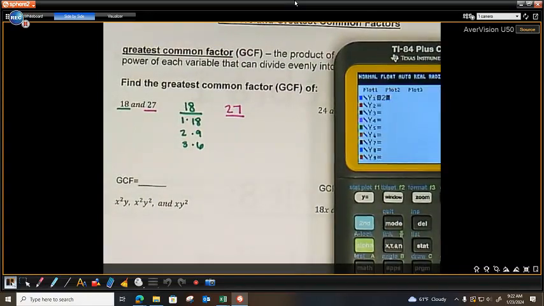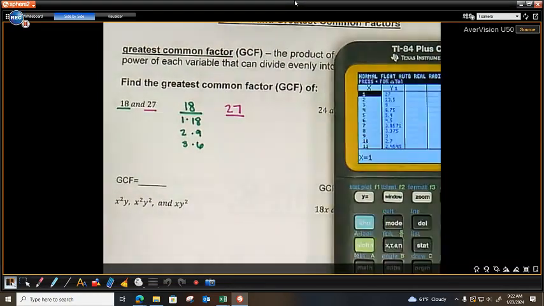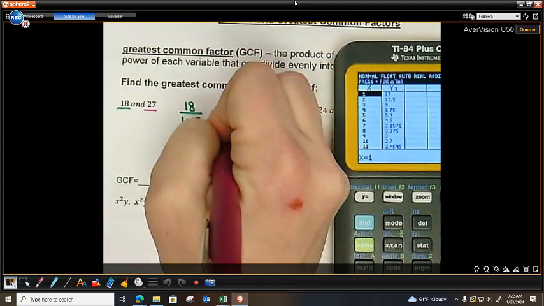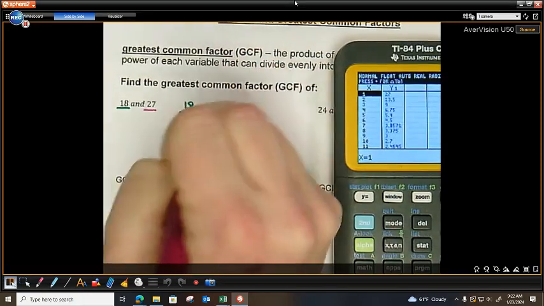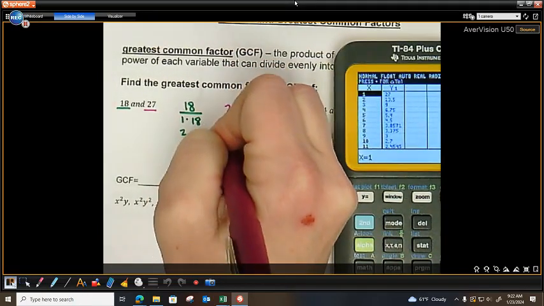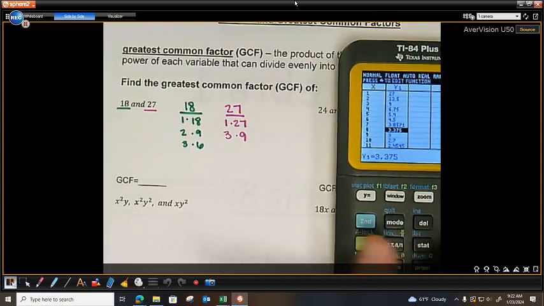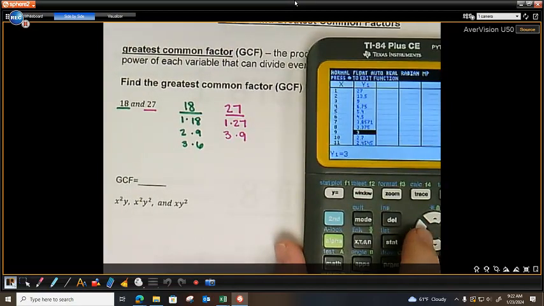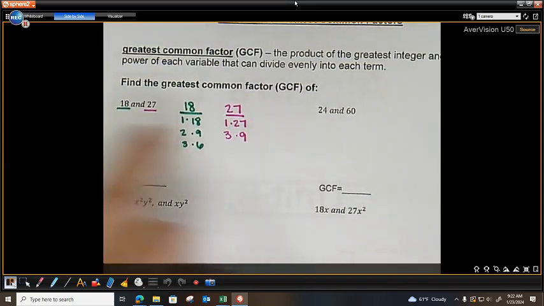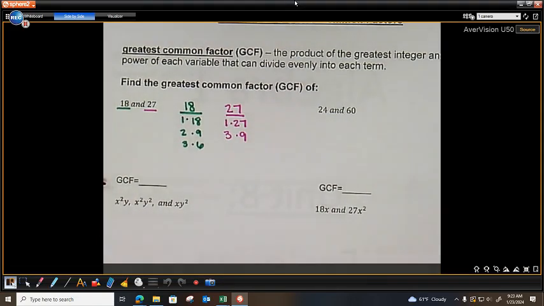Go to y equals and do 27 divided by x and go to your table. Again, always start at 1. 1 times 27, 2 gives you a decimal, 3 times 9. Then I have a decimal, decimal, decimal, decimal, decimal. And then I have 9. Well, what is 9 paired with? 3. I already have 3 times 9 on my list. So I'm done listing out my factor pairs.